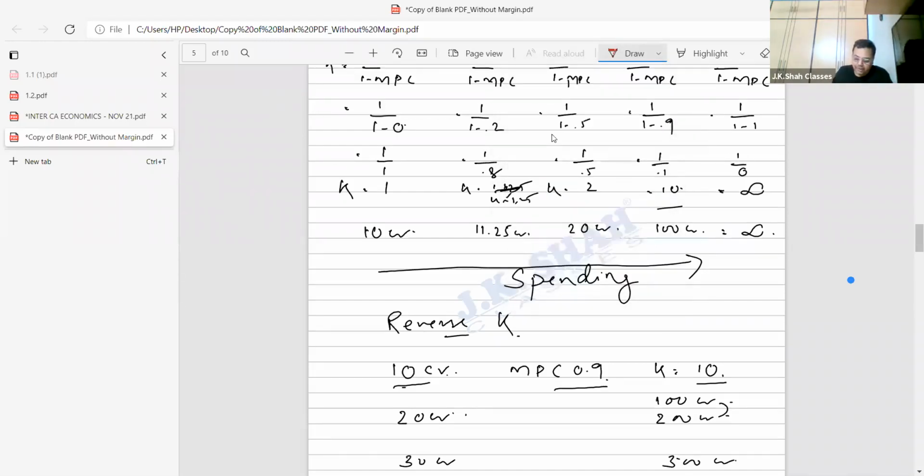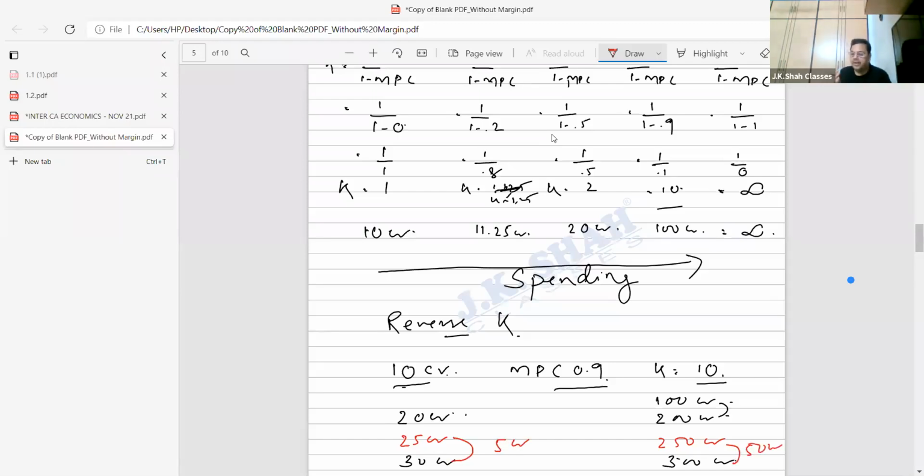Imagine 30 crore was the investment, government reduces it to 25 crore. So when government reduces it to 25 crore, the income becomes 250 crore. So what does reverse working tell? When you reduce your investment by 5 crore, your income falls by 50 crore.